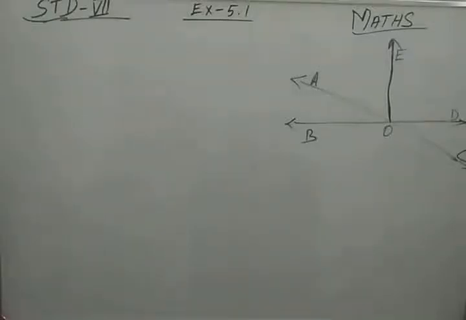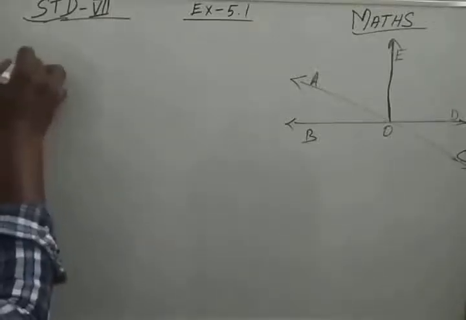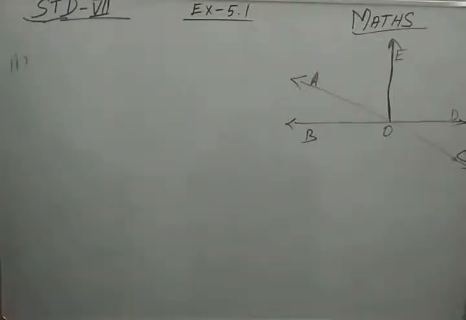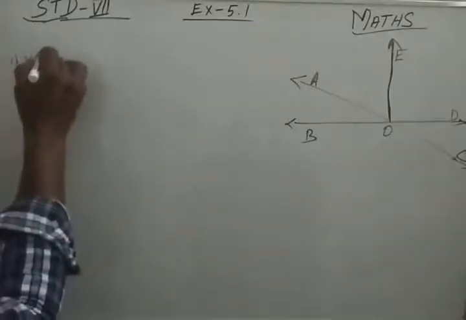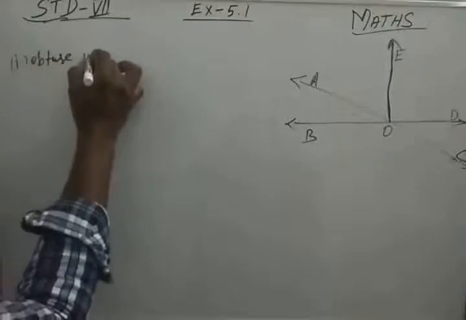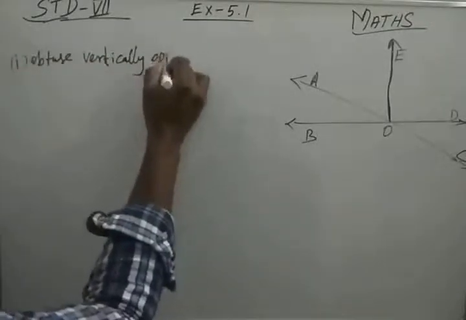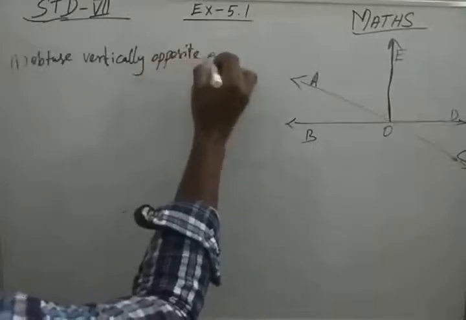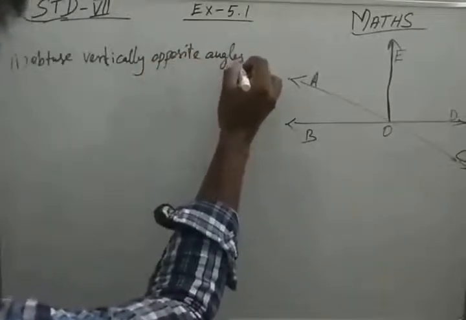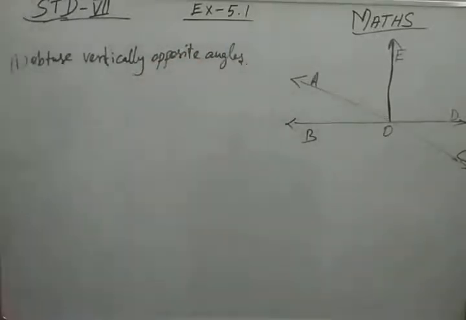Okay, and they have asked first, obtuse vertically opposite angles. Obtuse vertically opposite angles is the first option. Which are the angles we have to see?